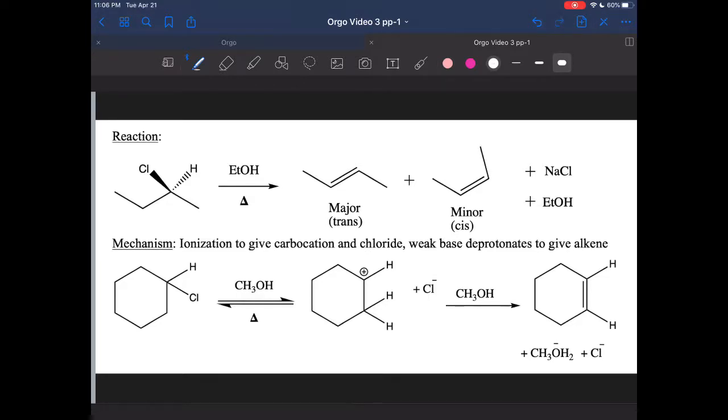In this bottom portion, we can see that this bond will break, and as well as this one, and this will form a bond with the oxygen, the hydrogen right there, which will give our product right here. Both of these will be di-substituted. But again, the trans version will be favored.